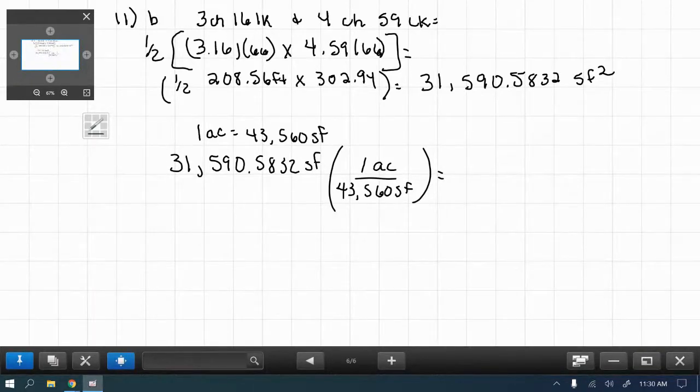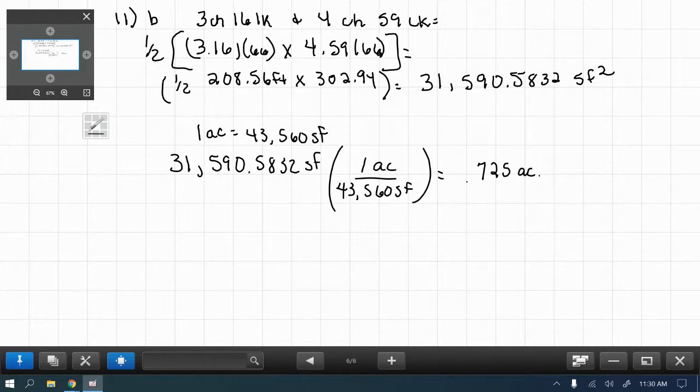So what did you get for your answer? 1725. Anybody else solve it that way, or did you solve it a different way? Wow. So I was trying to say if I did 3.16 times 4.59, they're already changed, and then divide by 2.